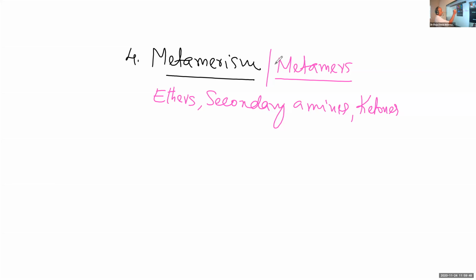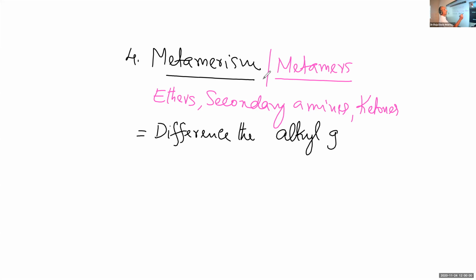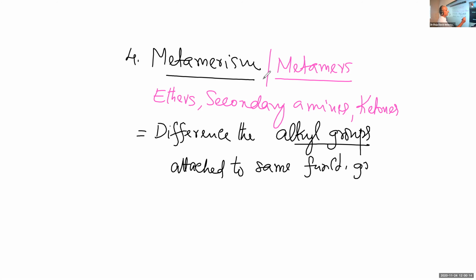So it is due to the difference in the alkyl groups attached to the same functional group. The functional group is the same, but the alkyl groups attached to it are different. Alkyl groups means methyl group, ethyl group, propyl group, etc.